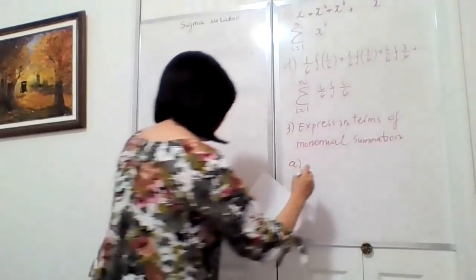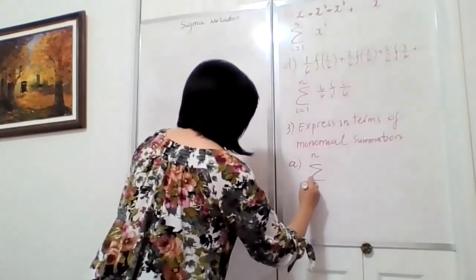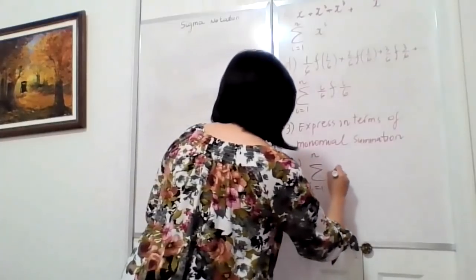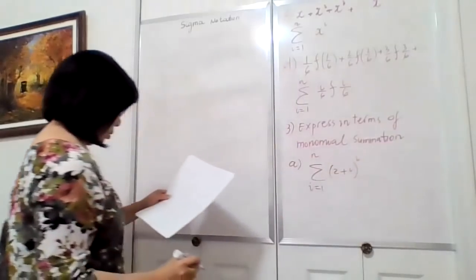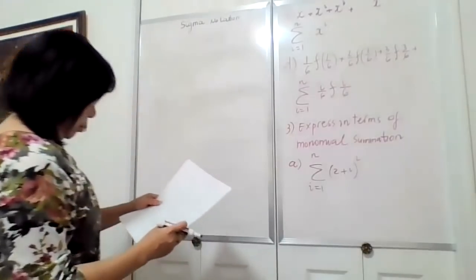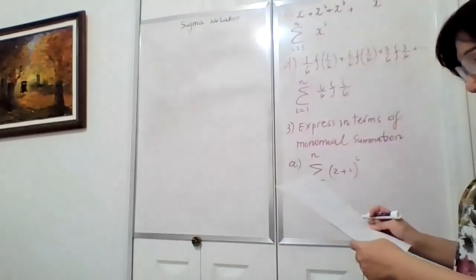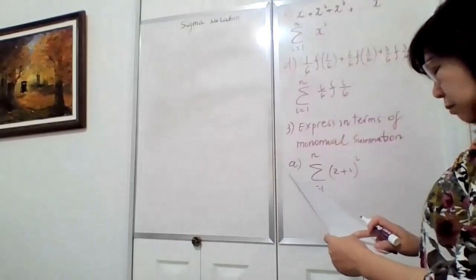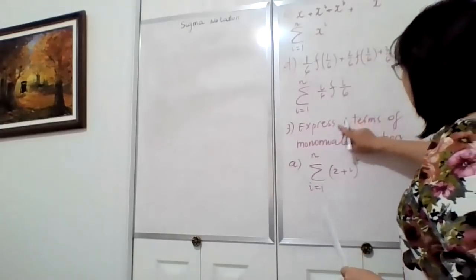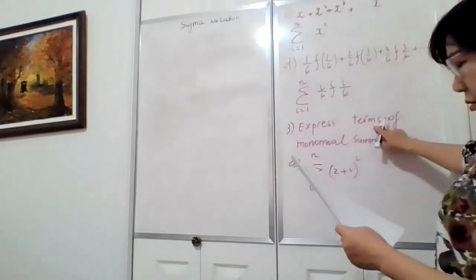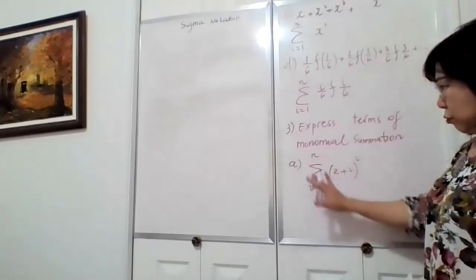So let's say the first one, you have n here, and I equal 1, and you have 2 plus I, all of this squared. Okay, so how do we write it in monomial summation? Express in terms of monomial summation. So this is the monomial summation.